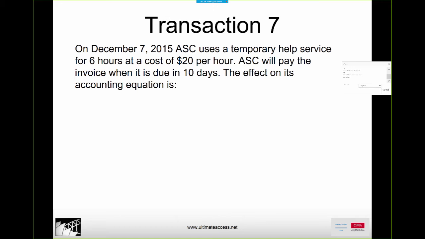Now, is it a balance sheet or P&L figure? What do you think? Creditors. What sort of an account is this? Yeah, very good. That's right.